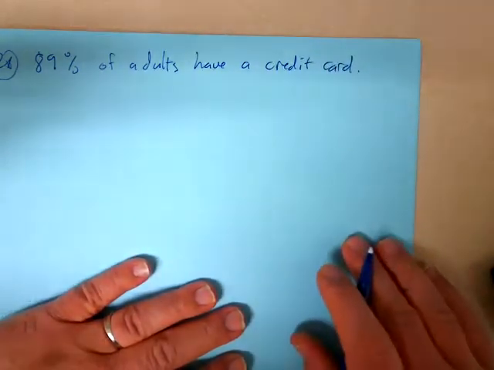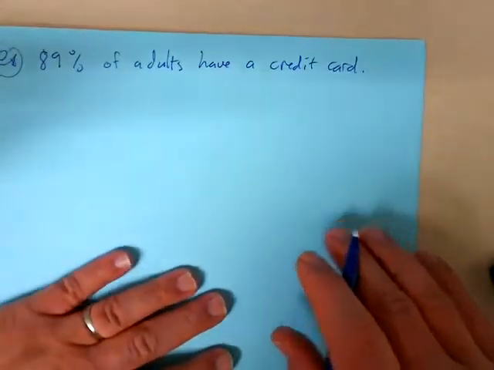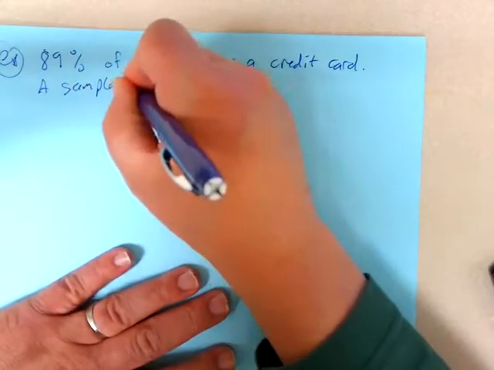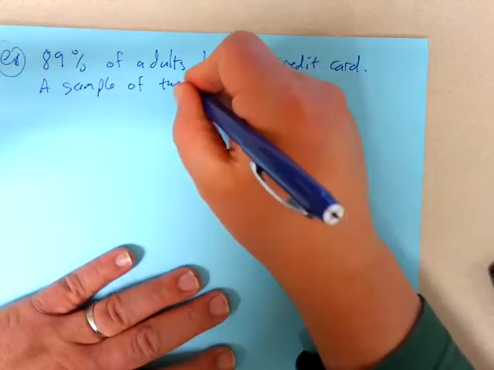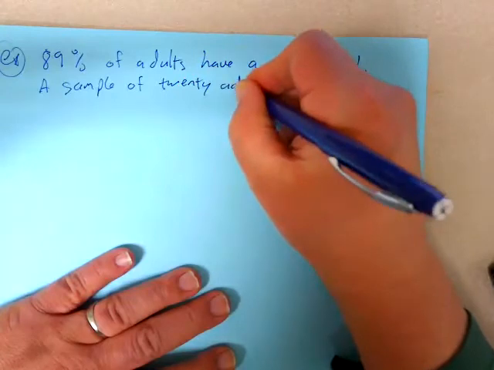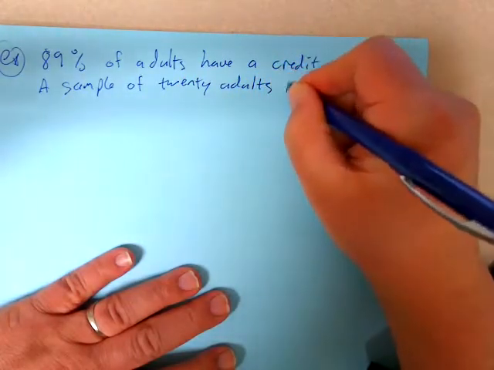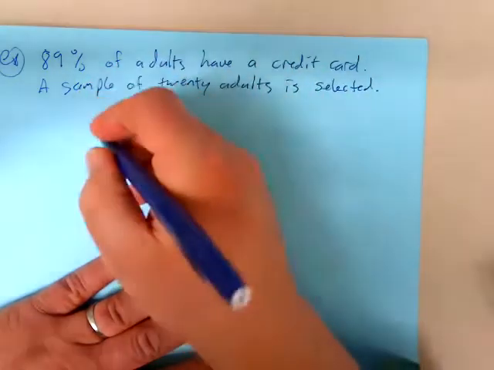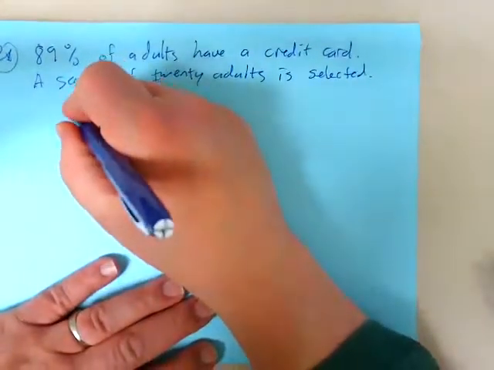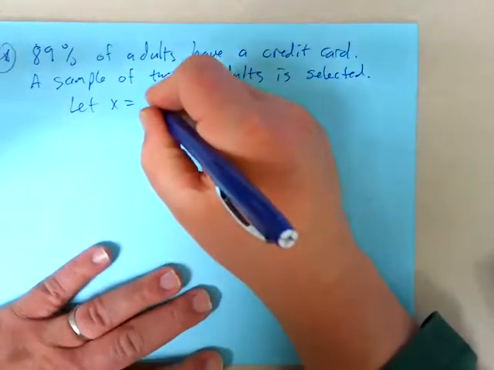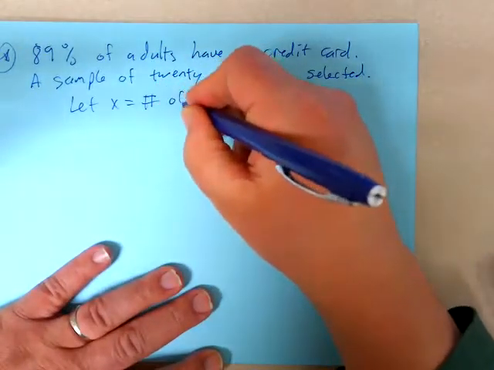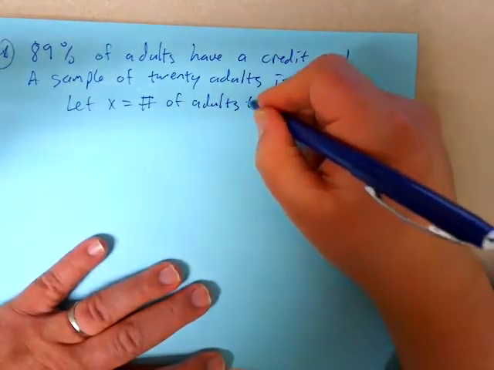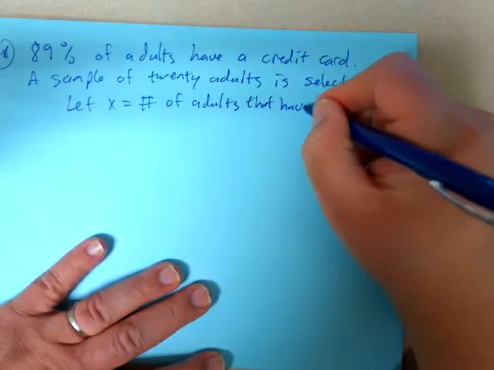Okay? And now, let's say a sample of 20 adults is selected, and we can let X equal the number of adults that have credit cards.